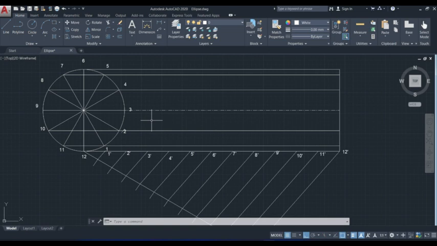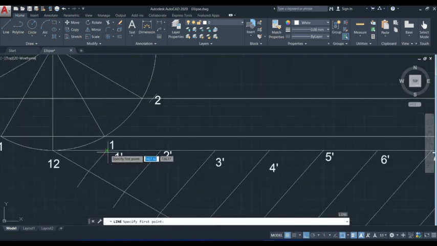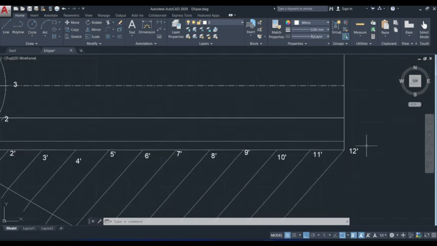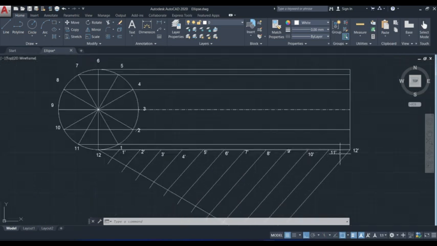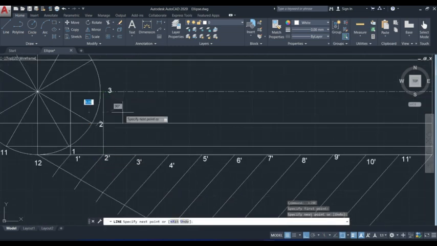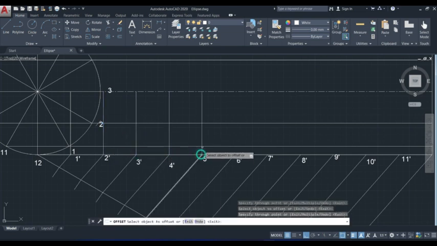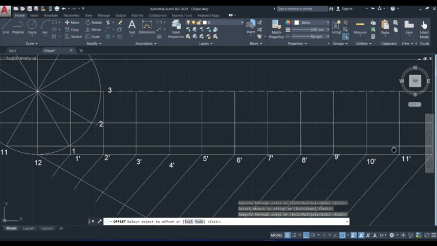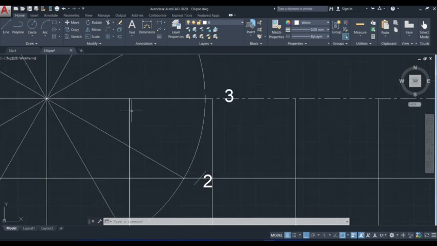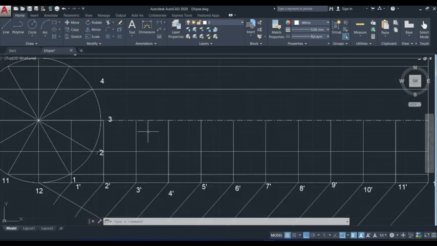Now the next step is we have to draw perpendicular lines from 1 dash, 2 dash, 3 dash up to 12 dash on the baseline to the central axis or central line. Now these perpendicular lines intersect the central line here.